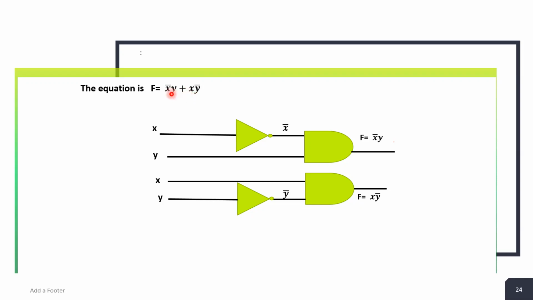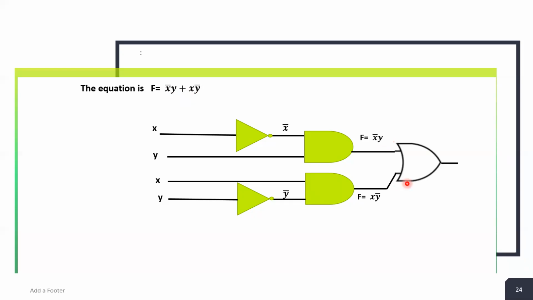Okay, these two AND gates are connected with an OR gate. This positive sign indicates the OR gate. So take the symbol of the OR gate and connect these two AND gates with one single OR gate.